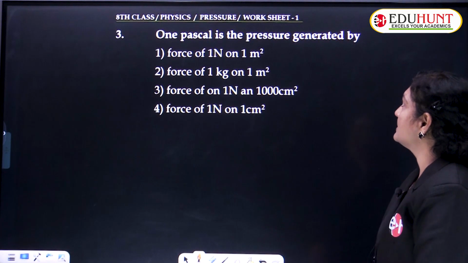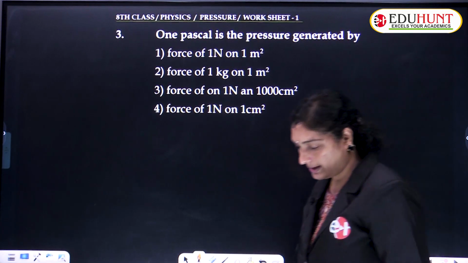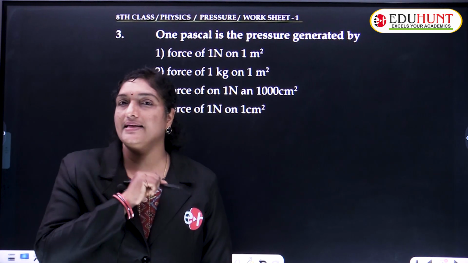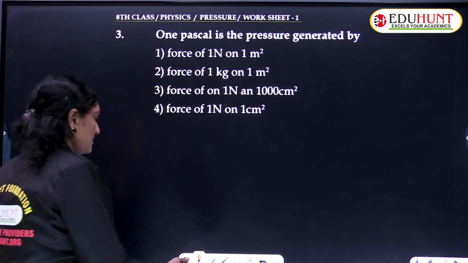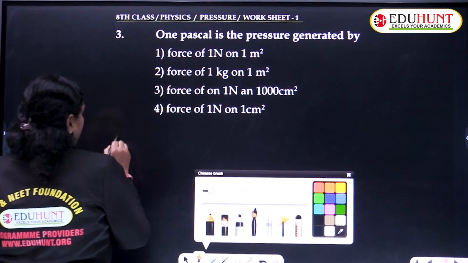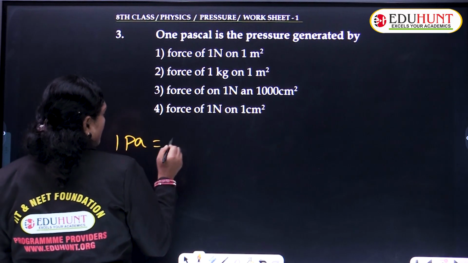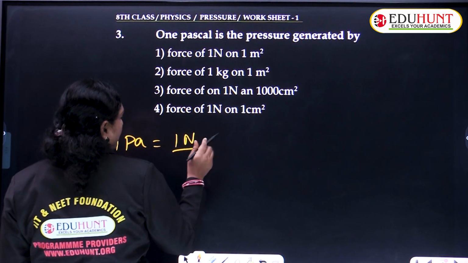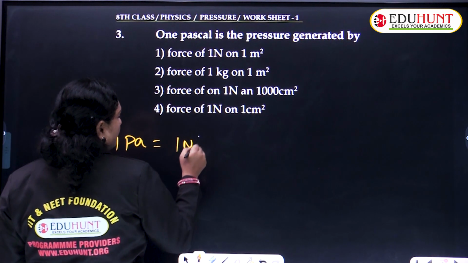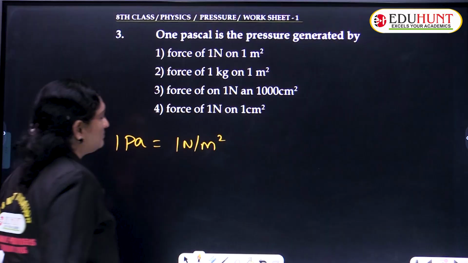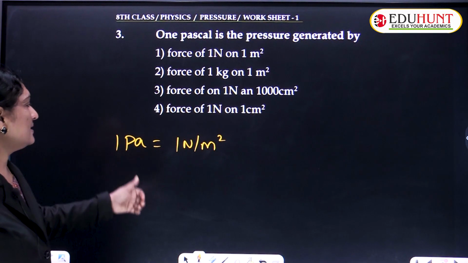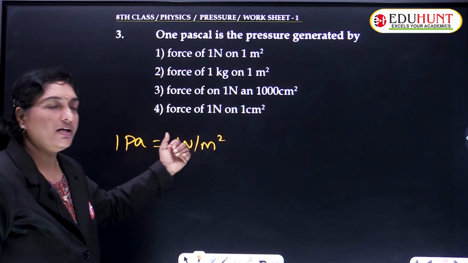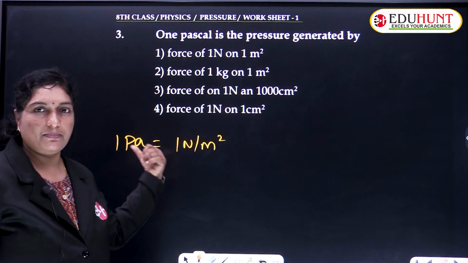1 Pascal is the pressure generated by... As I told you, Pascal is the SI unit of pressure, isn't it, children? So we know that 1 Pascal is equal to 1 Newton per meter square, because in SI units pressure is measured in Newton per meter square or simply Pascal.